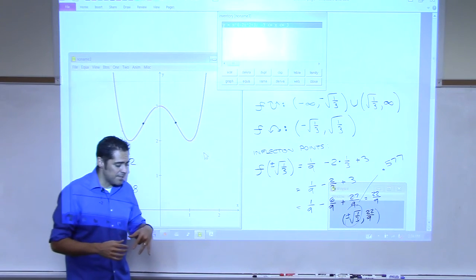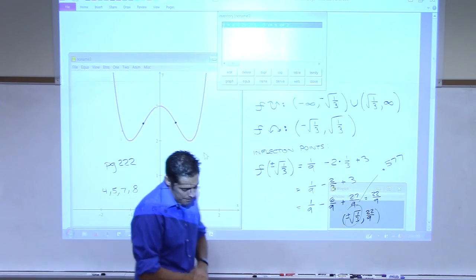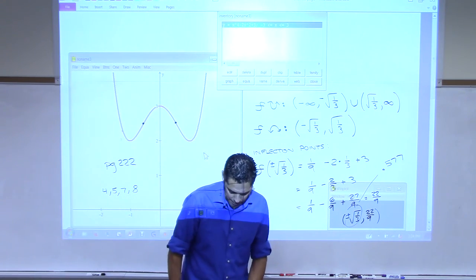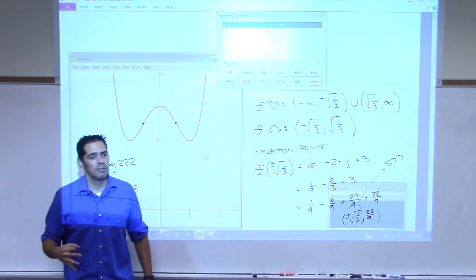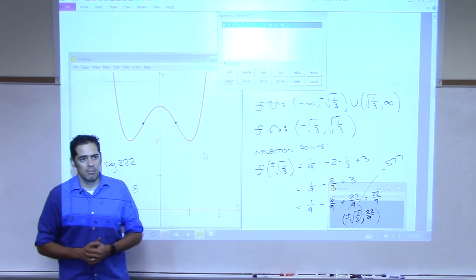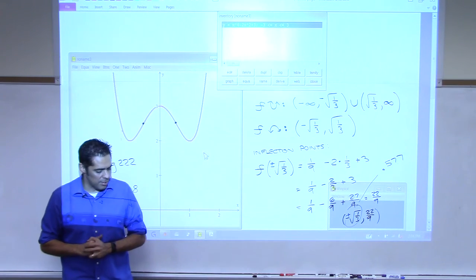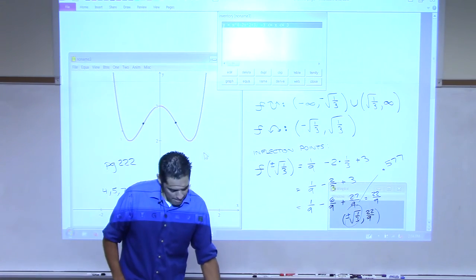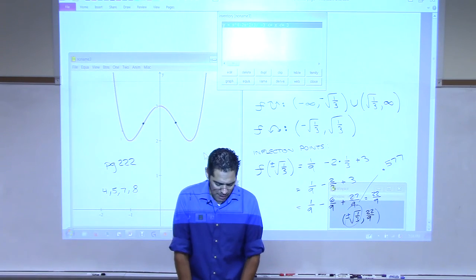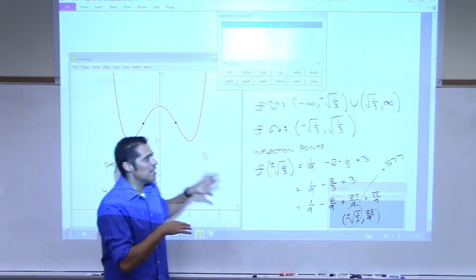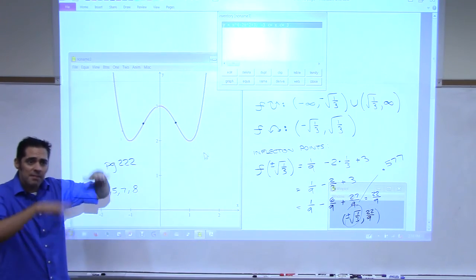Then next class, we will finish it up. We have 3 days for the next 2 sections. Are they that long or hard? Well, curve sketching, there's a lot involved. Because when you think about it, what we've done in here is we found max and min and all this.